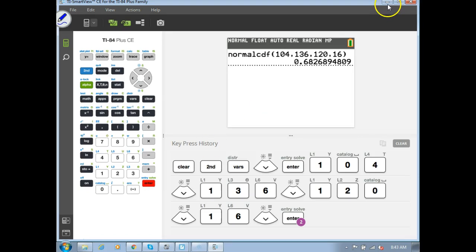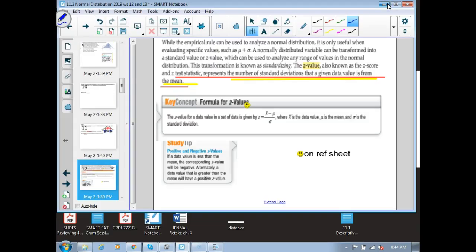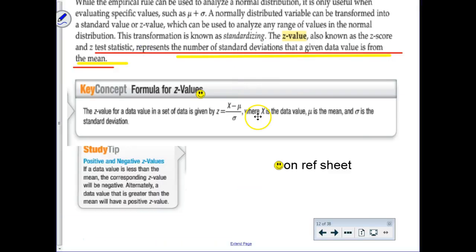All right, so let's take a look at the next part of our lesson. This is what it looks like to standardize and find what's called a z-score. A z-score was most important to my generation, when my teachers and professors would make us look up things in the back of the textbook. So the data itself would be standardized using this formula.